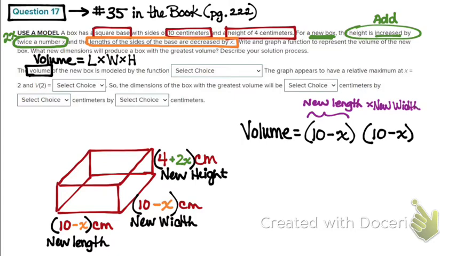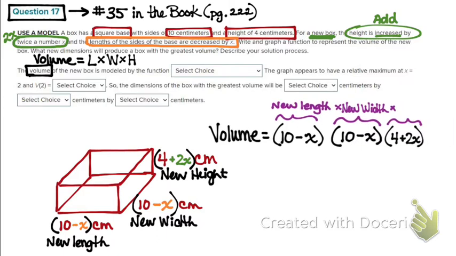Am I done? What else do I need? The height. What is the new height? 4 plus 2x. I'm going to scoot this over just a little bit so that I have room to write the new height. That is the volume.